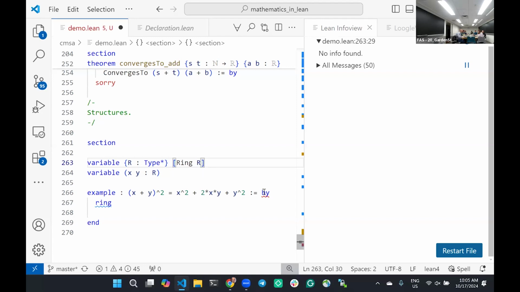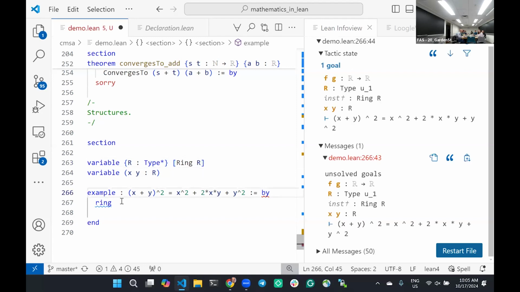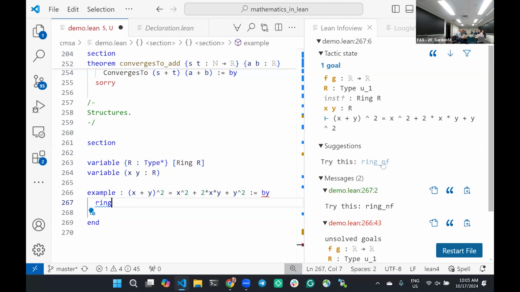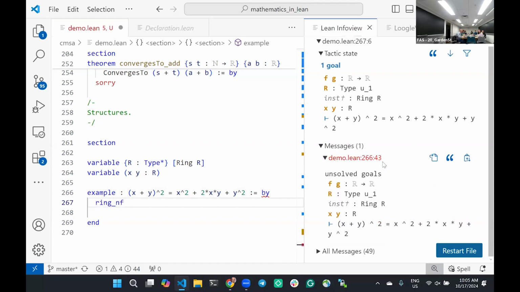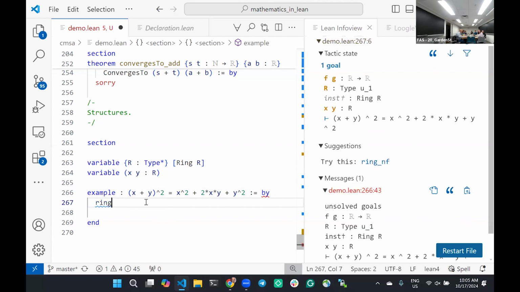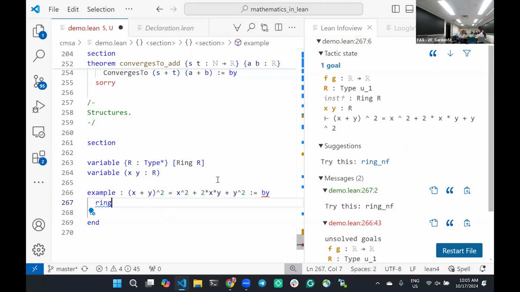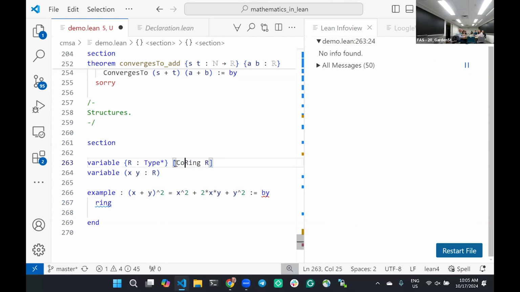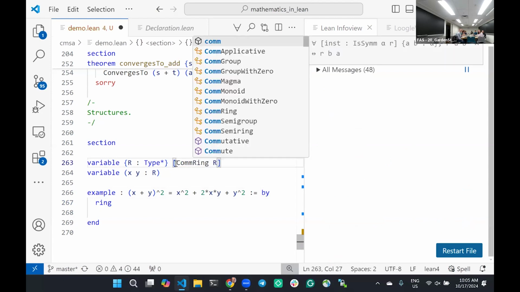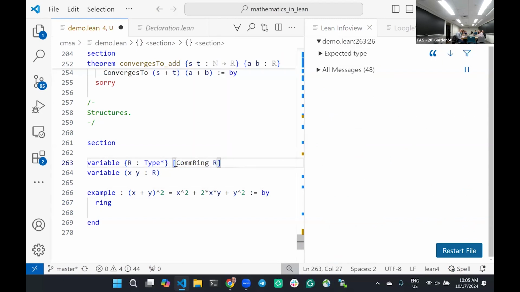And that still doesn't work. You get an error message and ring says try ring_nf, but if we try ring_nf, still nothing happens. So let's go back to ring. The thing is, for this to work, you need that the ring is commutative. Okay, so if we go to CommRing, all of a sudden now we have a more general theorem, right?